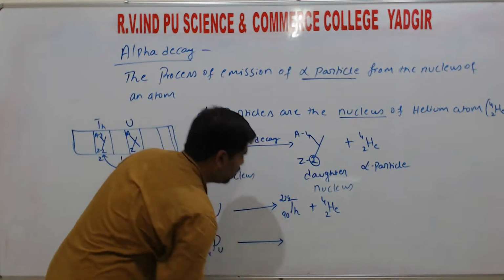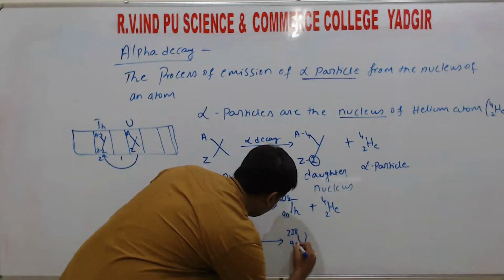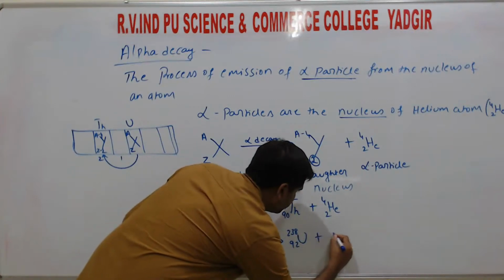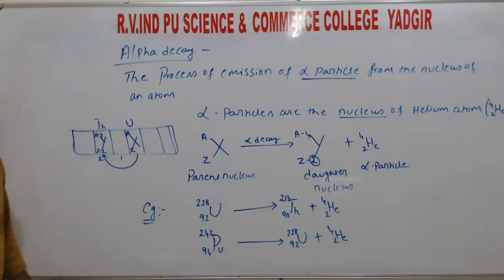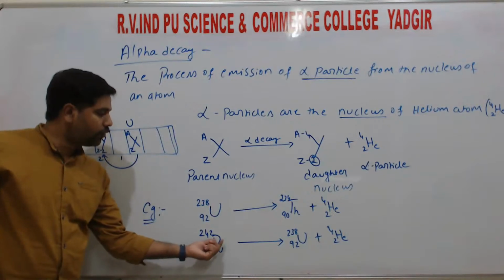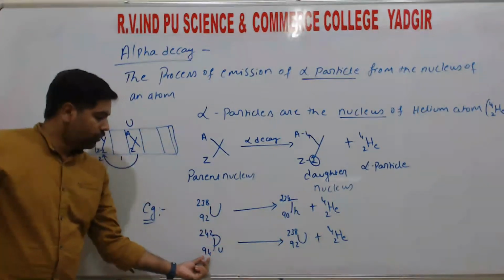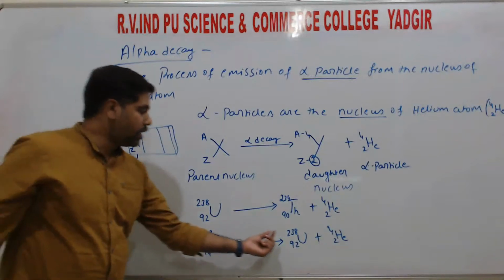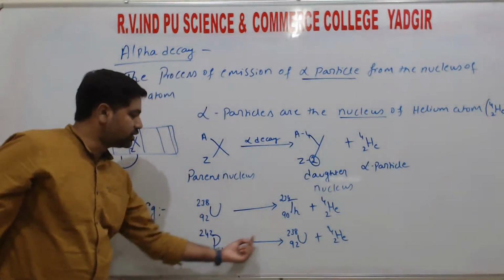So when it undergoes decay, we get uranium 238 with atomic number 92, and we get the alpha particle, right? So here we have plutonium 242. 242 minus 4, we get 238, right? Plutonium has atomic number 94 and the uranium has 92. That means it decreases by 2.